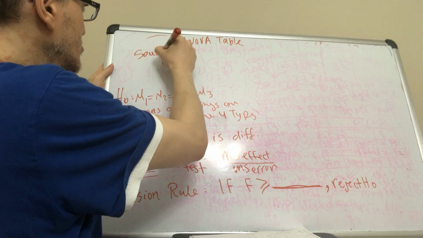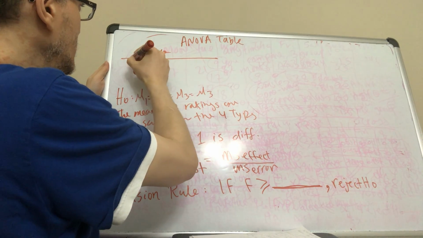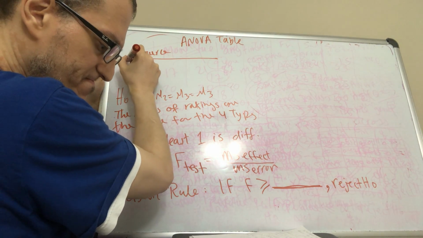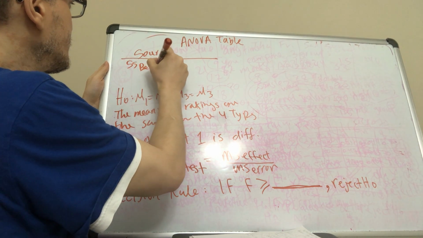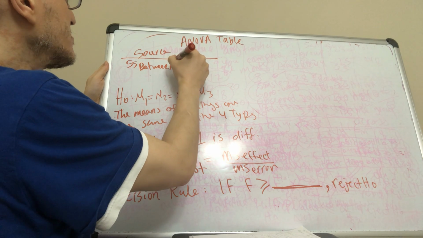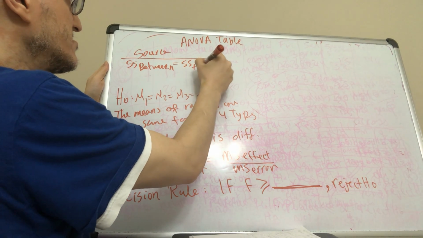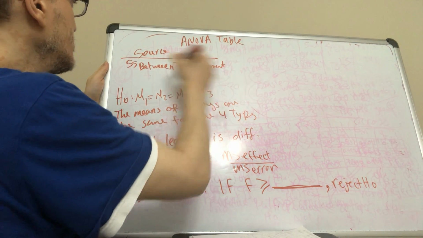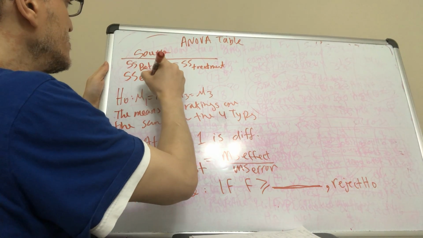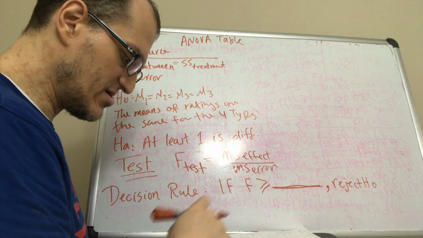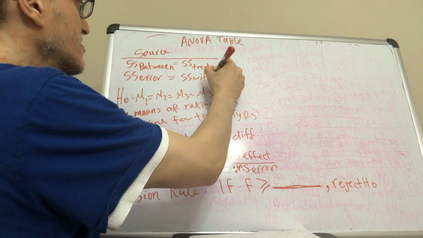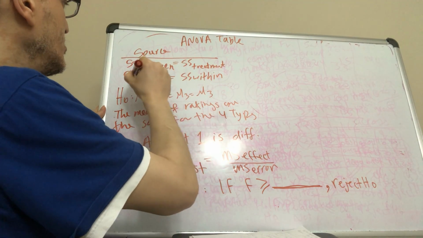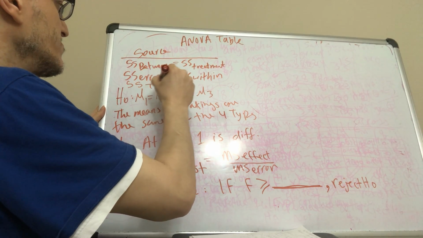First is your source, and it's supposed to be SS between. They also call it the SS treatment. Then the SS error, they also call it the SS within. And you also have the SS total.